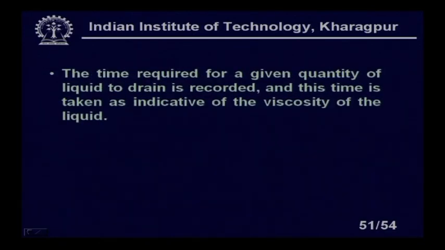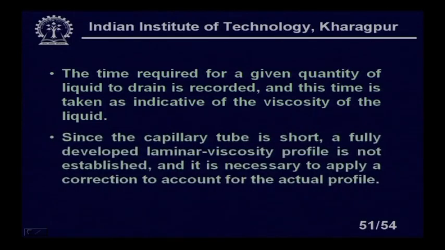The time required for a given quantity of liquid to drain is recorded, and this time is taken as indicative of the viscosity of the liquid. Since the capillary tube is short, a fully developed laminar velocity profile is not established, and it is necessary to apply a correction to account for the actual profile.